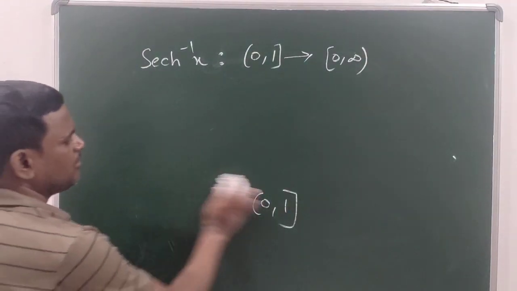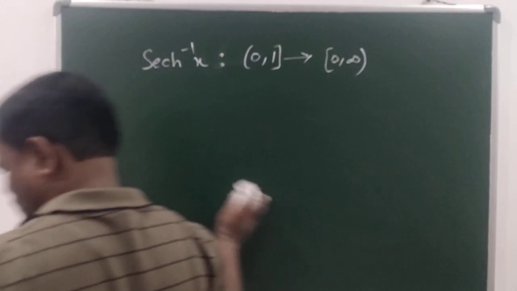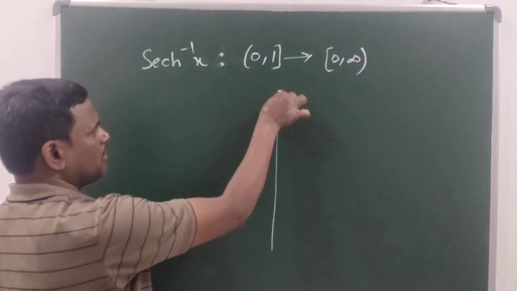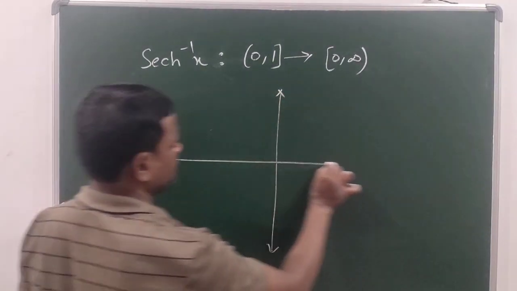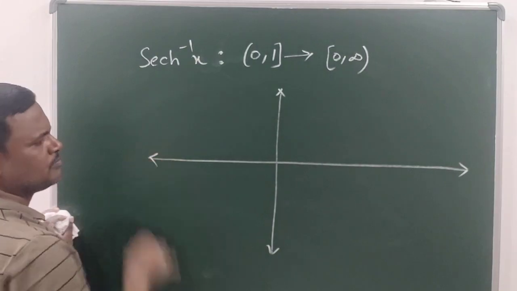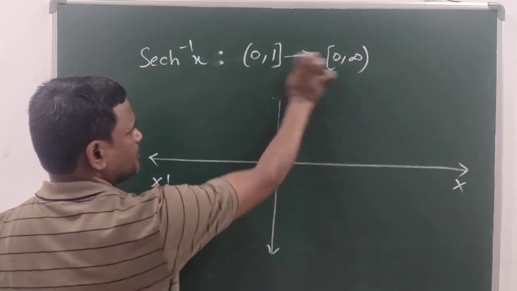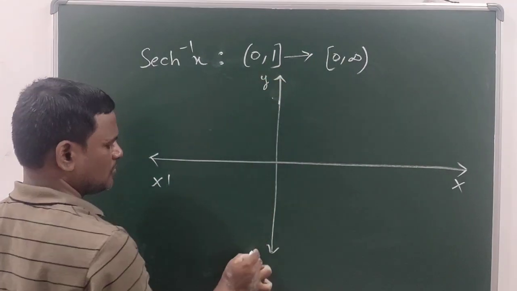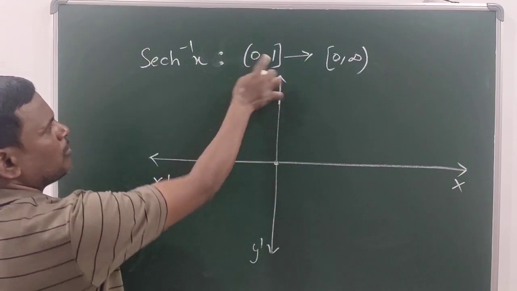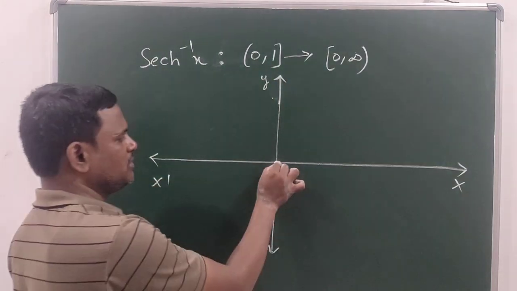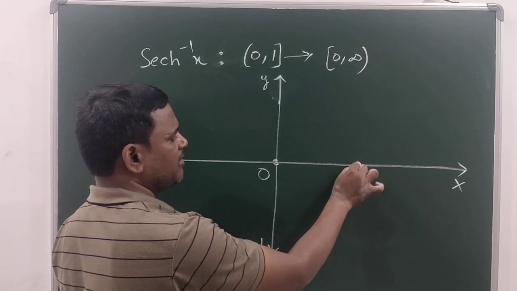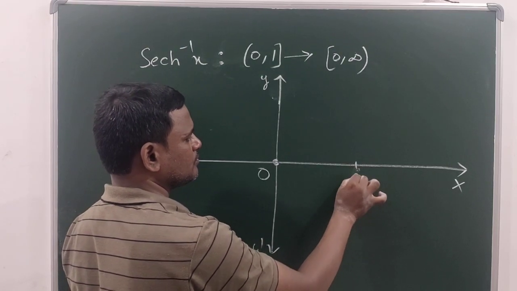Okay, all right. Now let us go to whose graph. Right, see students, graph of sech inverse of x. X dash, y dash. Now domain 0 to 1. Here 0 and here you may take 1. This is 1.